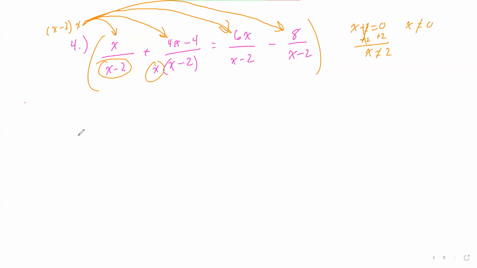Now, I'm going to show you what it looks like overall, and then I'm going to show you how you can quickly go through this. So here's your original stuff.